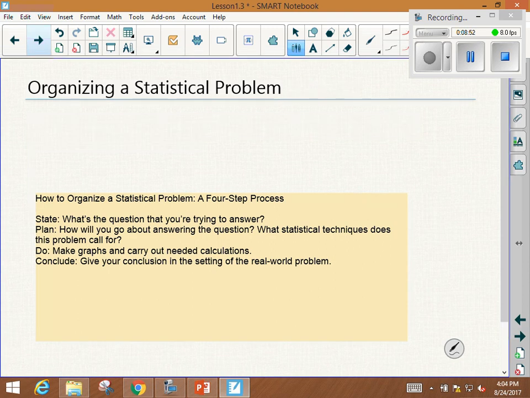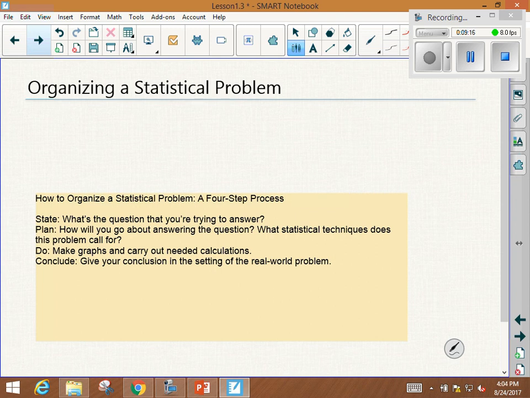All right, and this is how we're going to organize an answer to a statistical problem, right? We're going to state the question that we're trying to answer. We're going to come up with a plan. We're going to make graphs and carry out calculations, and then we're going to conclude.